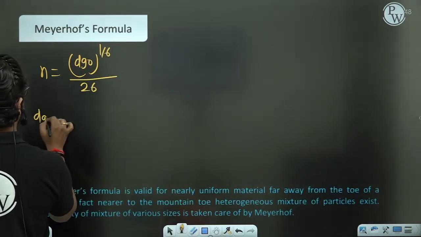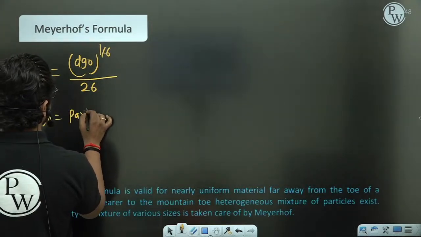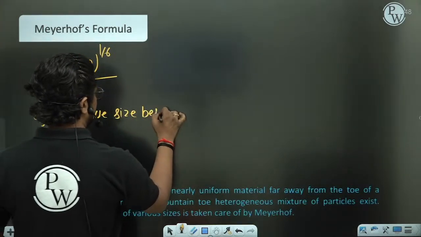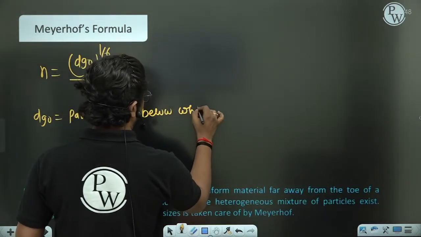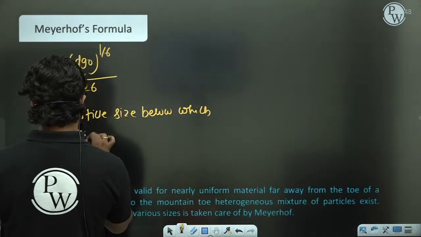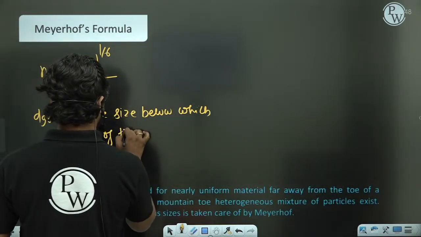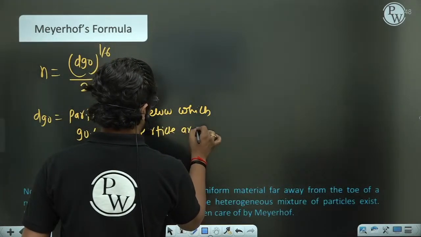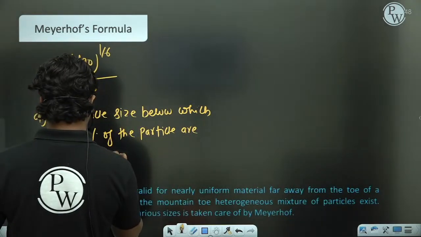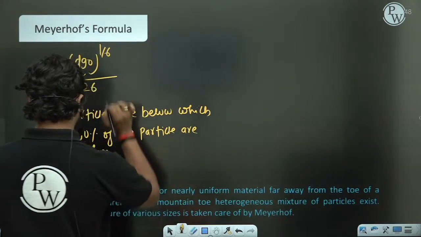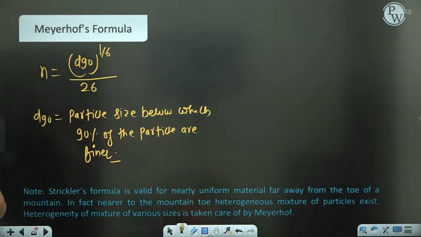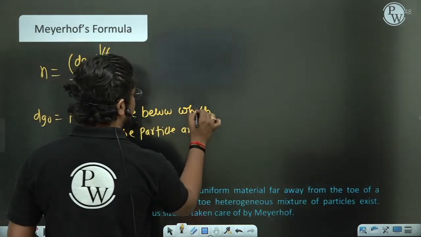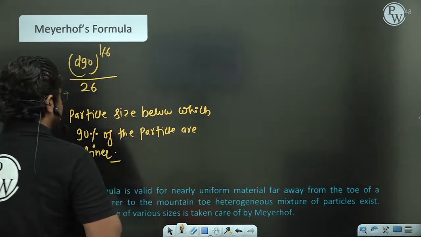Here again, d90 is the particle size below which 90% of the particles are finer.